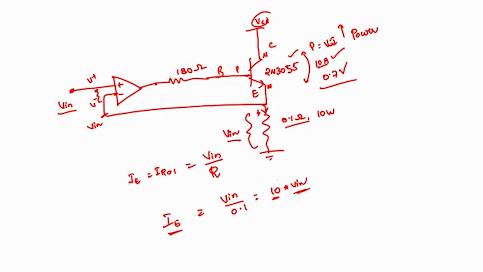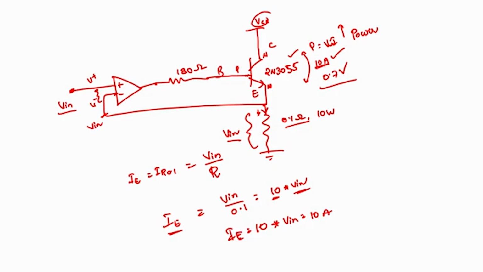It is somewhere around 10 amps. Since it can operate only up to 10 amps of current, more than that it will get damaged. So the IE maximum value should always be 10, and in order to achieve that, the maximum range of Vin should always be 1, so that we get the IE current as 10 amps.